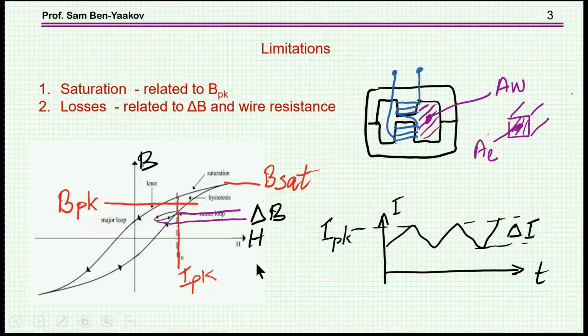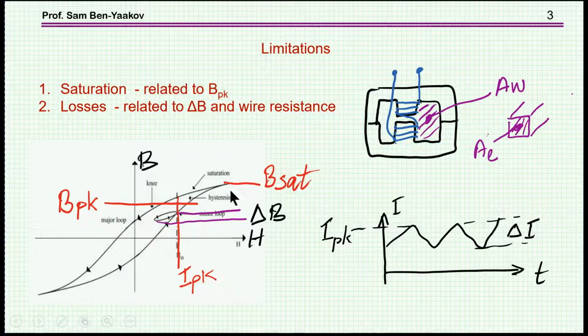So what are the problems we are facing when we're going to design or select a core and design an inductor? There are two issues here. One related to saturation. We have to make sure that the core will not go into saturation. So this is one aspect.